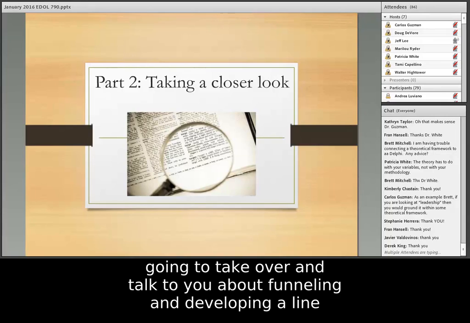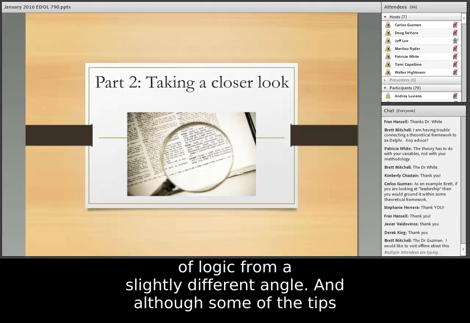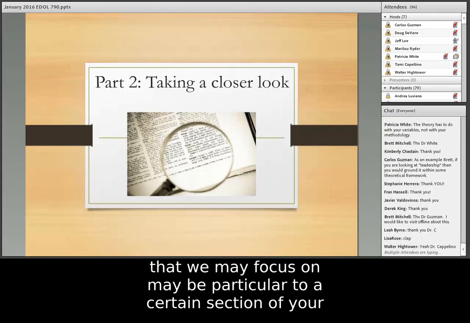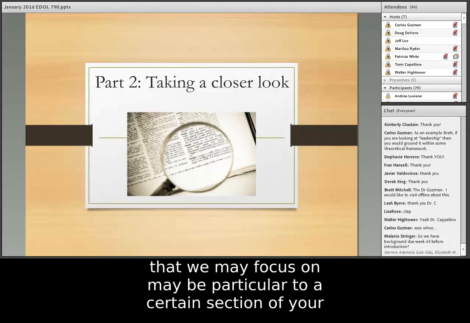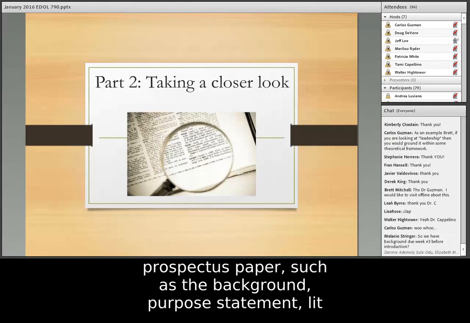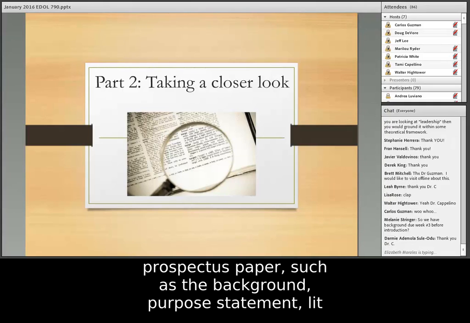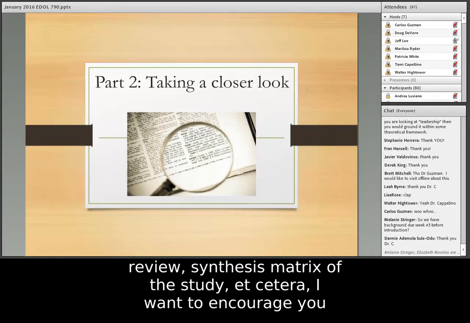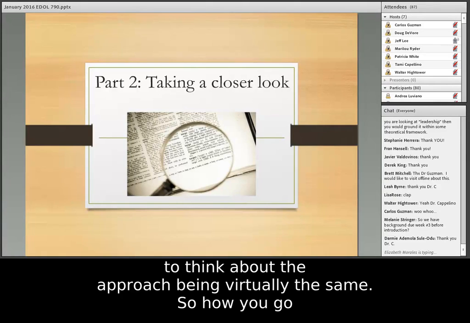I'm going to take over and talk to you about funneling and developing a line of logic from a slightly different angle. And although some of the tips that we focus on may be particular to a certain section of your prospectus paper, such as the background, purpose statement, lit review, significance of the study, etc., I want to encourage you to think about the approach being virtually the same.